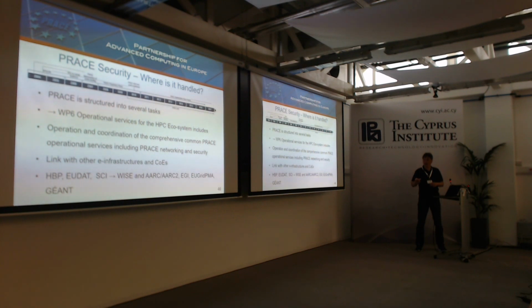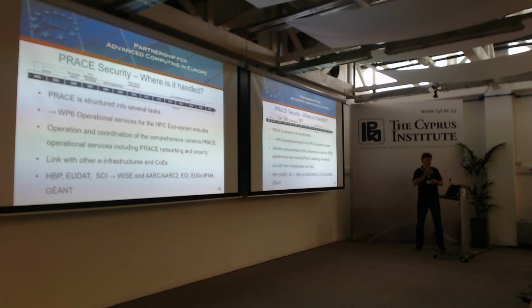Especially we have connections to the Human Brain Project, to EUDAT, to SCI, which is Security for Collaborating Infrastructures, which is now WISE. It's a WISE community, a lot of security people who think that within cooperative environments you have to think about additional security issues.